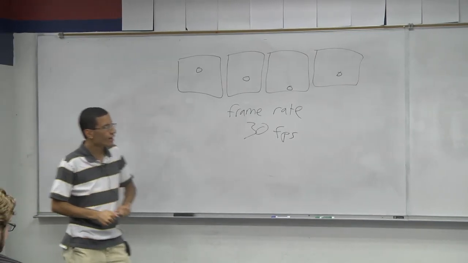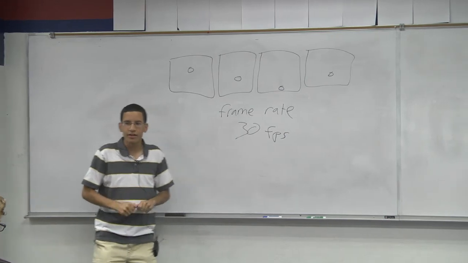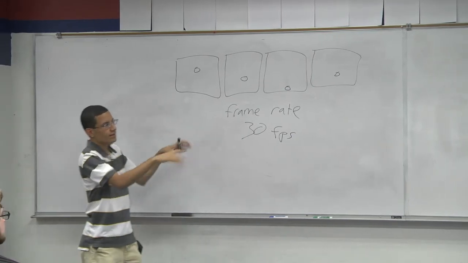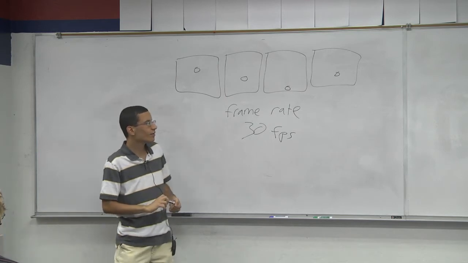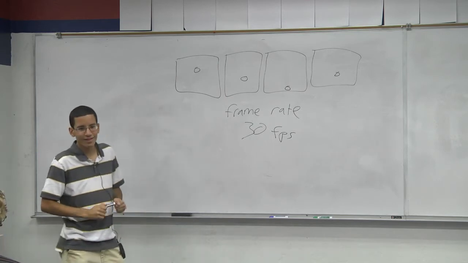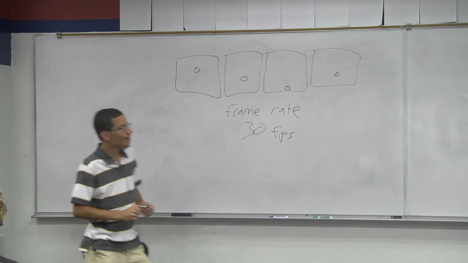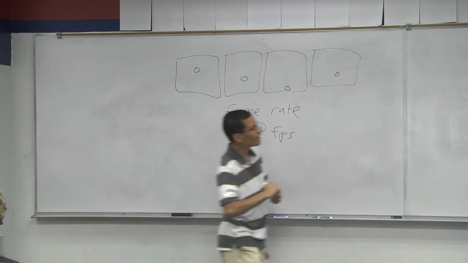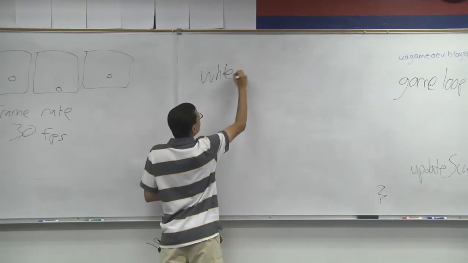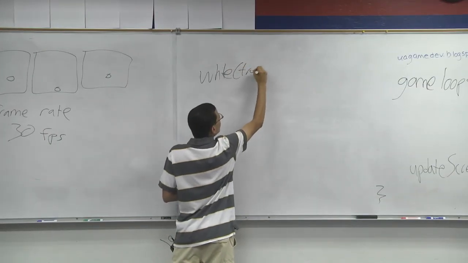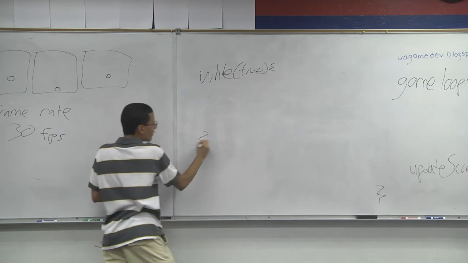Now the question is, how do we make our game loop in Java? It's not like there's a game loop thing that we can call like a while loop or a for loop. Actually, we could use a while loop or a for loop, but that would be horrible, because we're basically going to make this while true, and then keep going forever and ever.